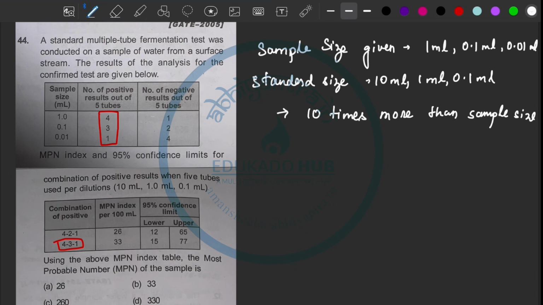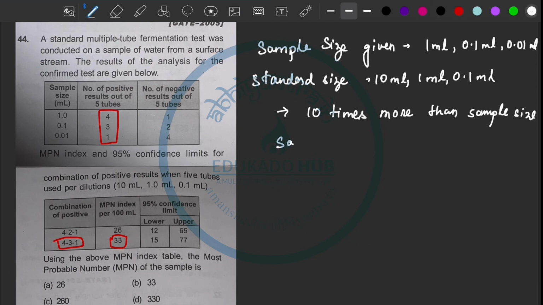So the MPN index per 100 ml is 33 for sample 431. So because standard size is 10 ml, that is 10 times more, so the sample MPN will be 33 into 10, that is 330. So the correct answer is option D.